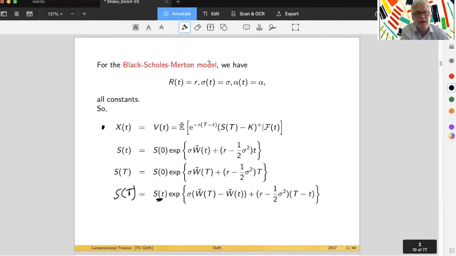If we look carefully back, we see that this is normally distributed with mean 0 and variance T − t. So we would like to get this into a standard normal distribution.